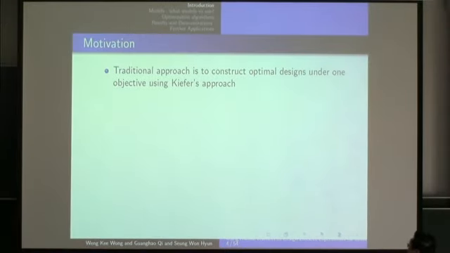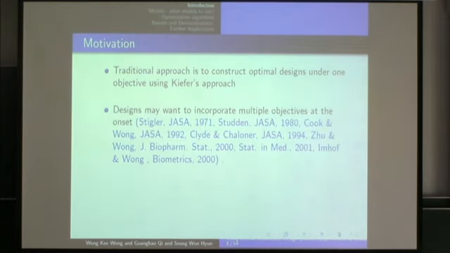traditional methods. The first few slides I'm going to go through very quickly, nothing new, just a quick review. Key first approach: approximate design. And then what you would want to do is talk about incorporating multiple objectives. We heard about that quite a bit in this talk, and there's some work references there.